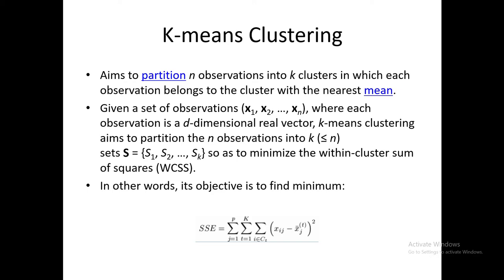Given a set of observations x1, x2, up to xn, where each observation is a d-dimensional real vector, k-means clustering aims to partition these n observations into k sets, where k is less than or equal to n, S equal to S1 to Sk, so as to minimize the within-cluster sum of squares, WCSS. In other words, the objective is to find the minimum of the mean, and we try to find the sum of squares.